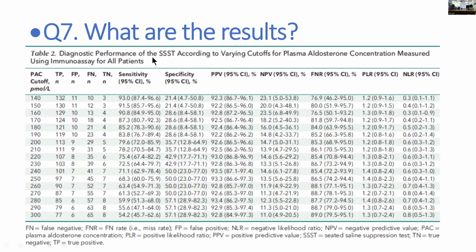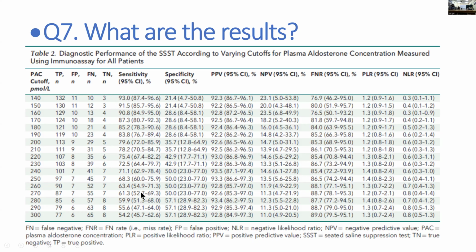So this is the performance of the test based on the immunoassay. The cutoff for immunoassay was from 140 to 280, around 300. And these are the different sensitivity and specificity at different values. At 140, the sensitivity is 93, but the specificity is very less, 21%. Around 7% chance is still there that you might miss a patient with disease.